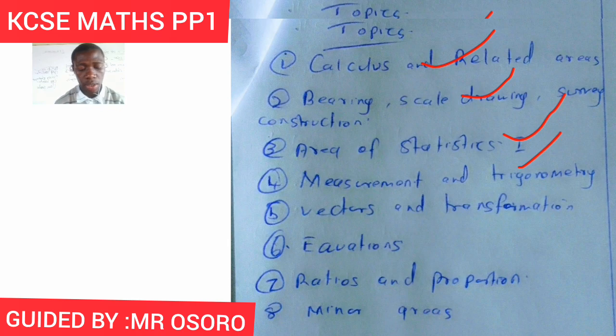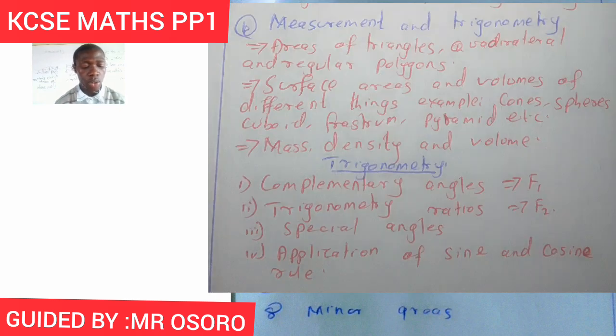Under measurements, we talk about area of triangles, quadrilaterals, and regular polygons. Regular polygons is in Form 1, while area of triangles and quadrilaterals is in Form 2. So you look at that area.